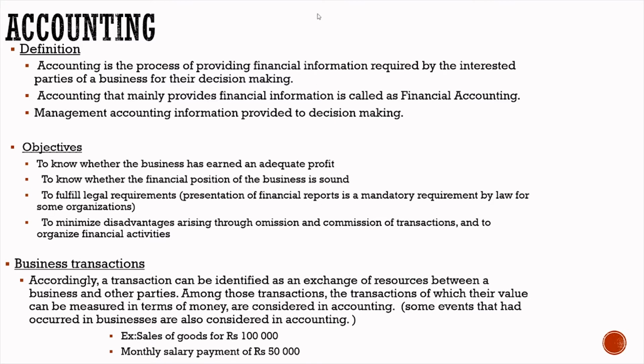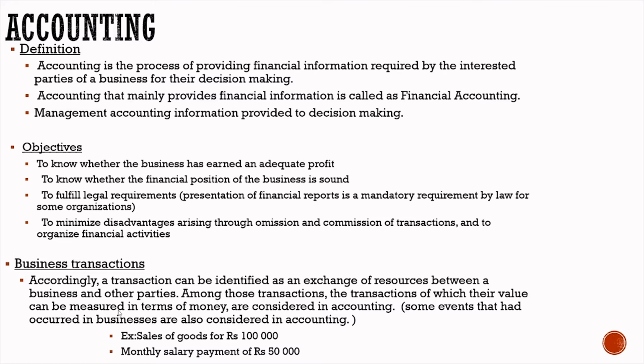So we always consider transactions which we can measure. If we can measure the transaction, then it comes under our accounts, or we are going to record it in our accounting books. So some events that occur in businesses are also considered in accounting if they have a monetary value.